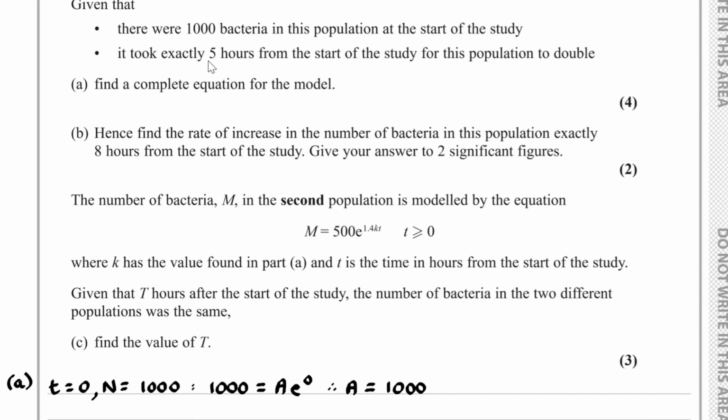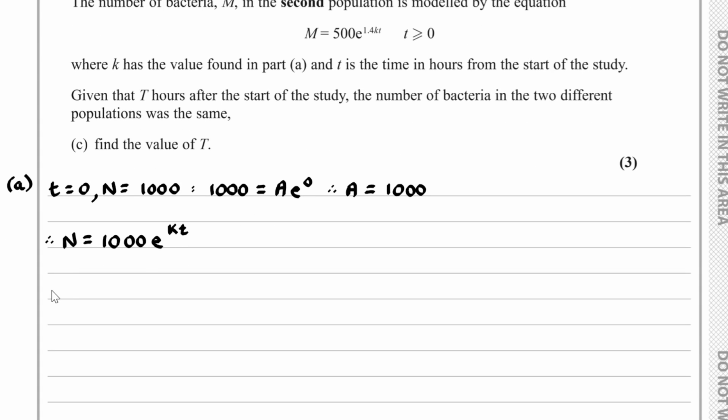We are also told it took exactly 5 hours from the start of the study for this population to double. So when t equals 5, we've got 5 hours, N then is equal to 2000. Of course, double the 1000 is 2000. So we've got 2000 equals A e to the power of 5k. Now we already know what A is. So we've got 2000 equals 1000 e to the power of 5k.